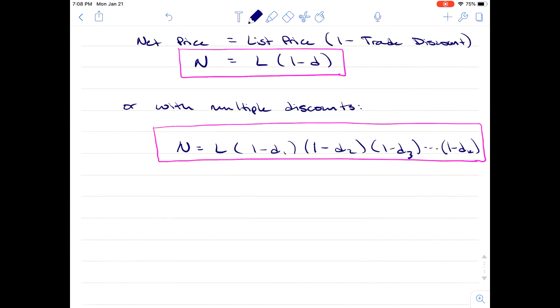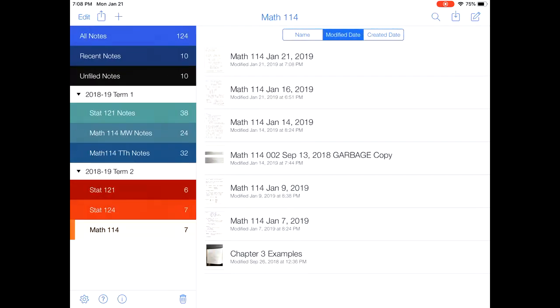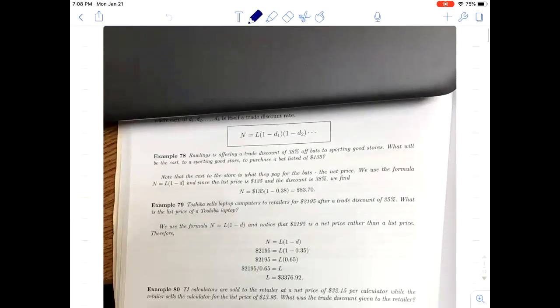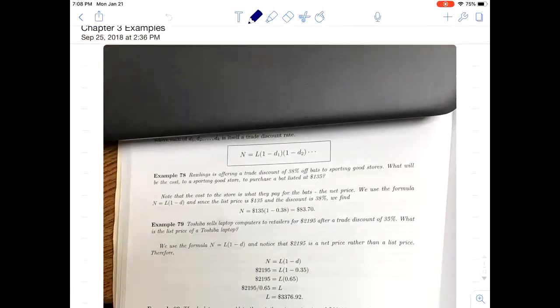So let's just do a little example. So if we do example 78, and what you'll find is that I've got them, I took these weird pictures here, but that's why it might be helpful if you have your textbook, or I'll read them. I always read the examples too, but so we'll just be doing example 78 in the textbook.